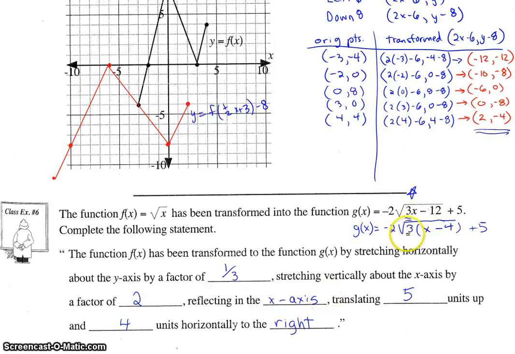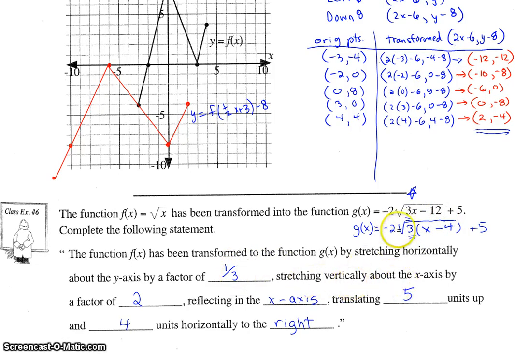Okay, so we factored that 3 out. 12 divided by 3 is 4, so we have 3 bracket x minus 4. Okay, and then we are asked to fill in these blanks. So it's stretched horizontally, so that refers to the number in front of x, right? It's with the x, so we want to reciprocal that to get our stretch factor, 1/3.